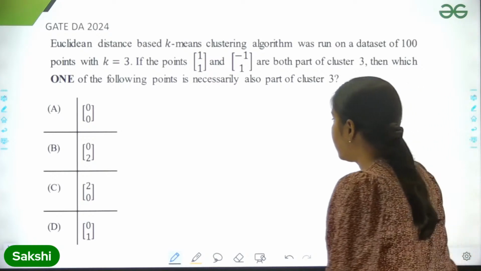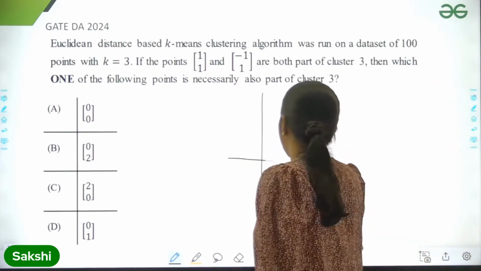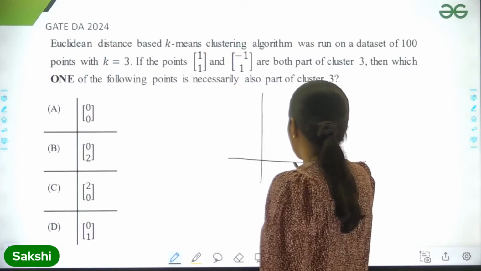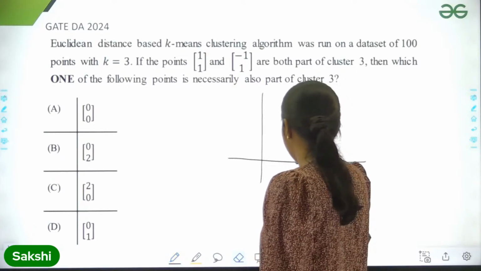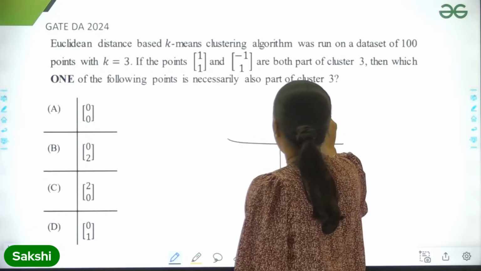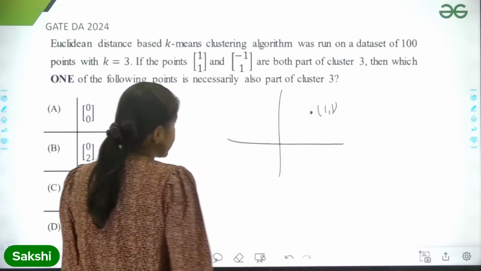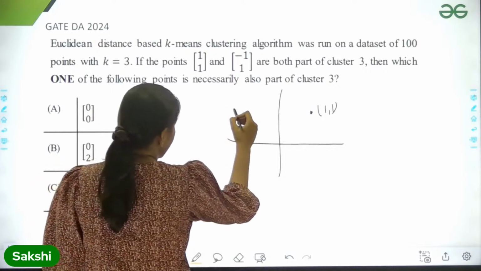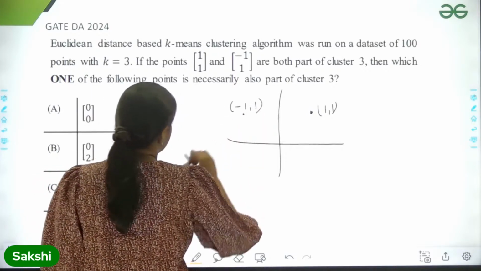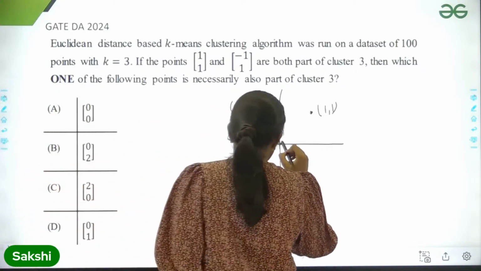So you can answer this question by plotting the points, right? If I plot the points 1 comma 1 and minus 1 comma 1, 1 comma 1 is here. And if I talk about minus 1, x is minus 1 and y is 1, so we have this point here, minus 1 comma 1, right? So let's see where 0 comma 0 is. 0 comma 0 is here.